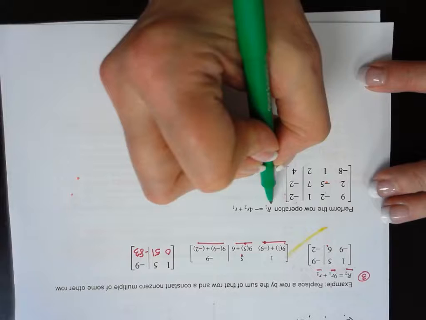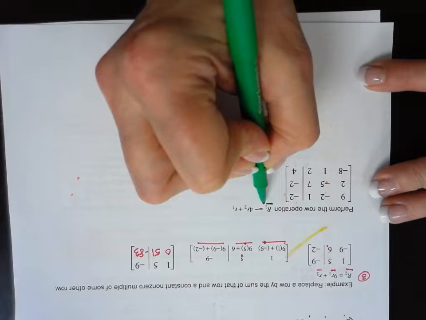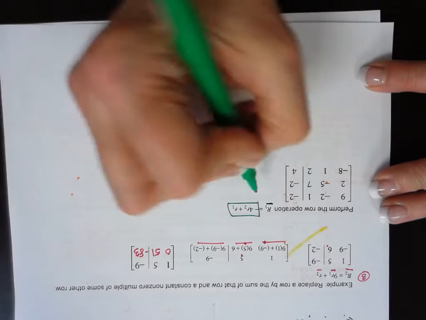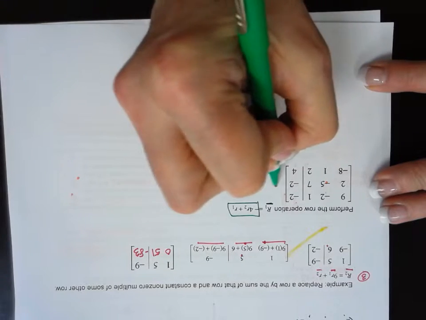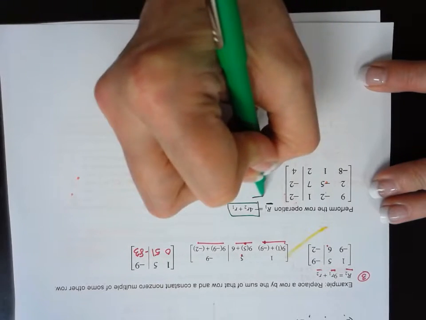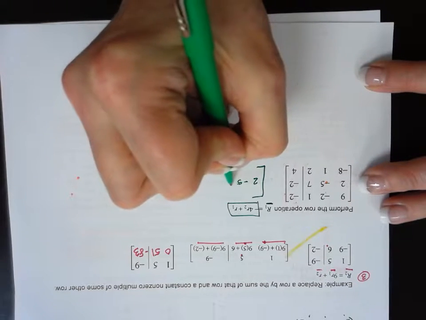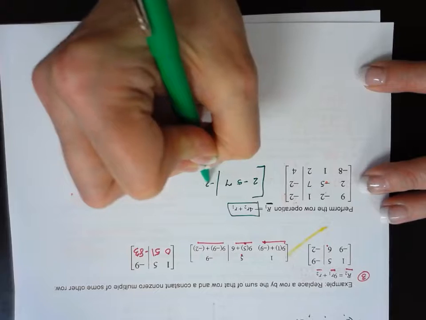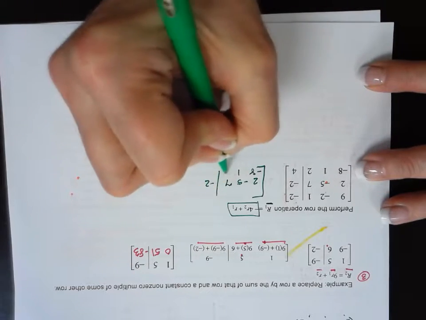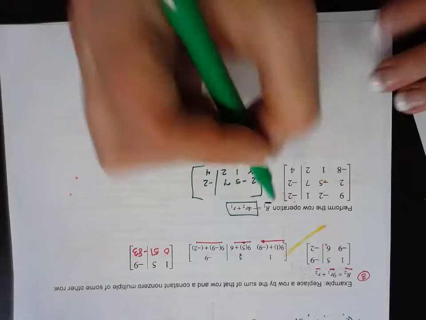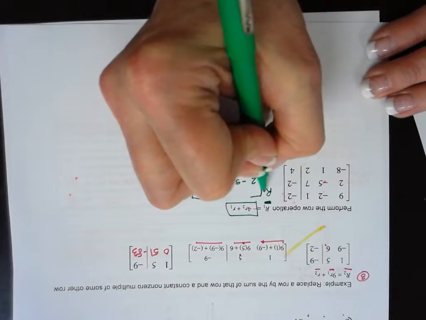So I want row 1 to become this operation. That means row 2 and row 3, absolutely nothing happens to them. I'm only dealing with row 1.